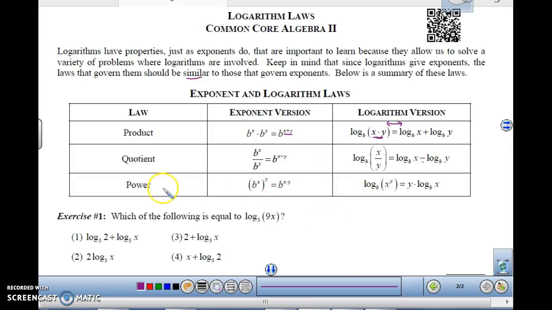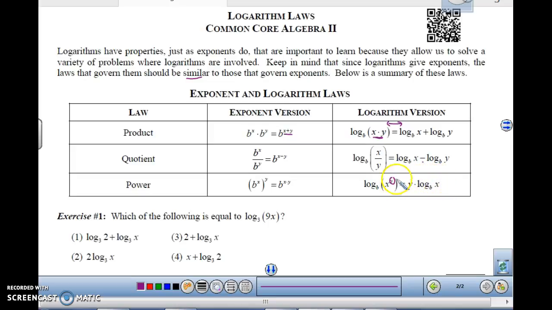All right, the third law we know is the power rule. When you have a power to a power, b to the x raised to the y power, you multiply the exponents, b to the x times y, sorry about that. So if you have the log of something raised to a power, it is equal to the product of y, or the exponent, times the log.